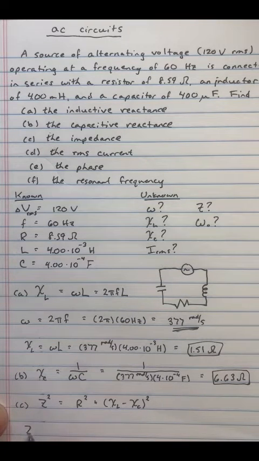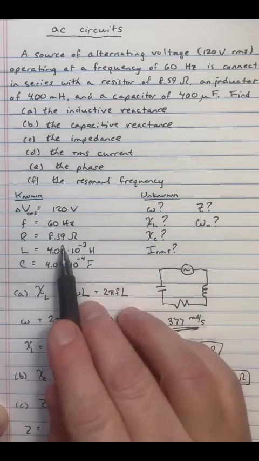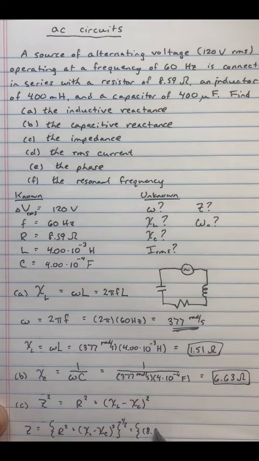So Z then is the square root of all this, right? So R squared plus chi L minus chi C, quantity squared, like that. So R was 8.59 ohms squared, we have a 1.51 minus a 6.63 ohms here.